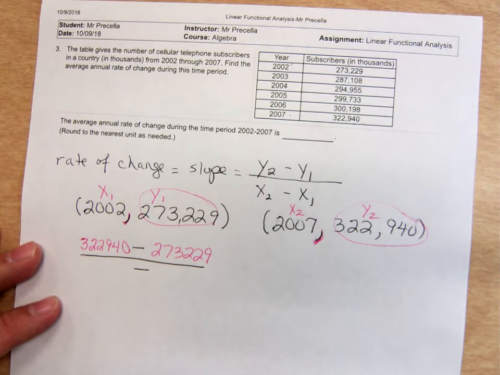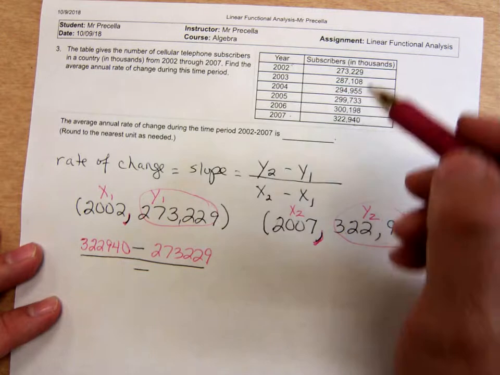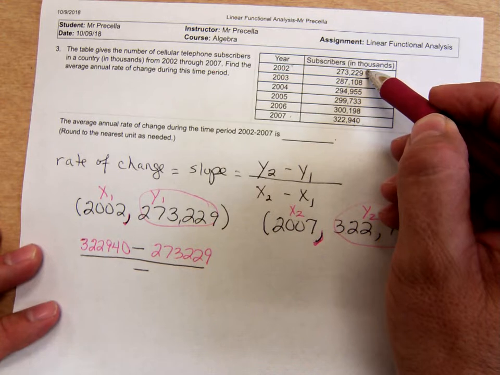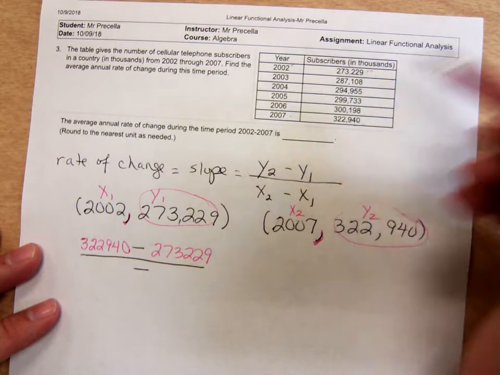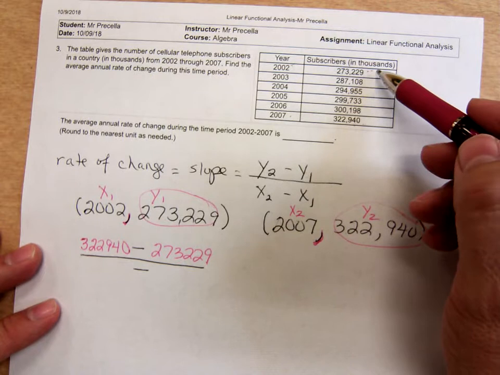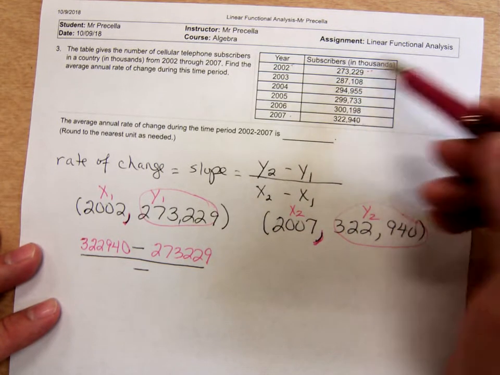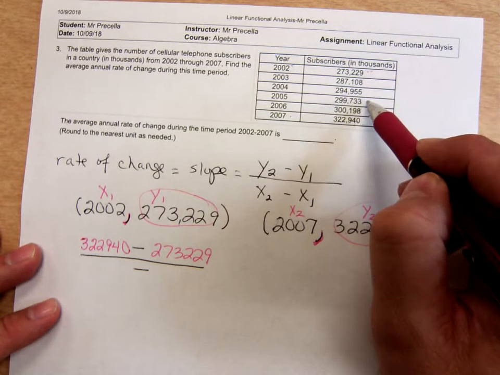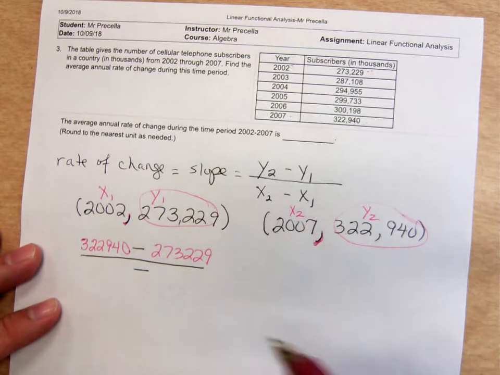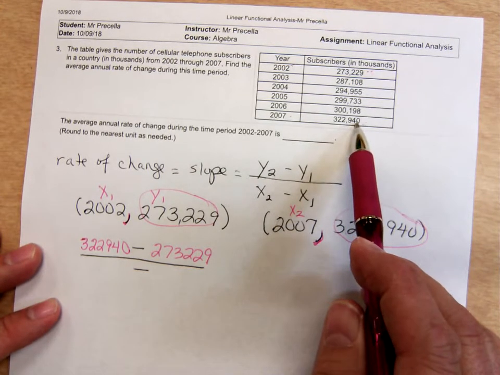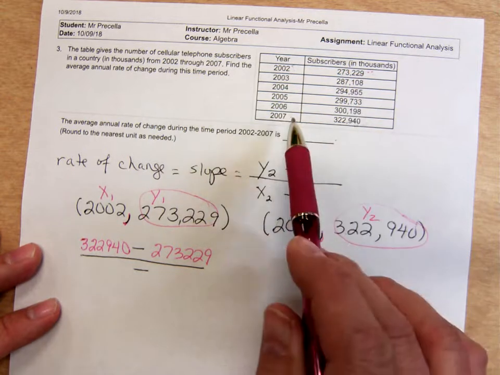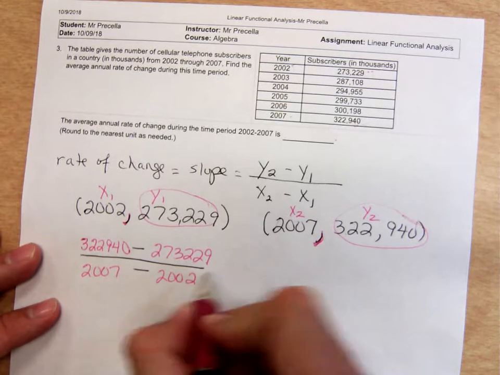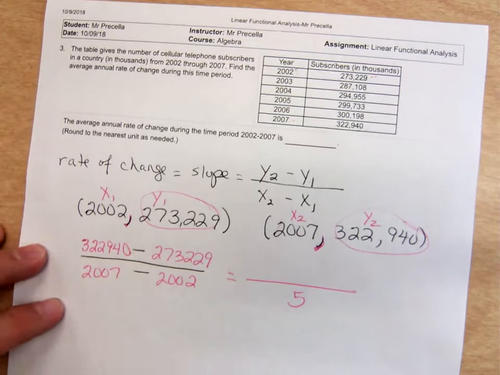So over the 5 years' time, the number of subscribers increased from 273,229,000. By saying in thousands, that just saves writing out the zeros. So this minus that over the 5 years, x2 minus x1. So that's a 5-year time span.